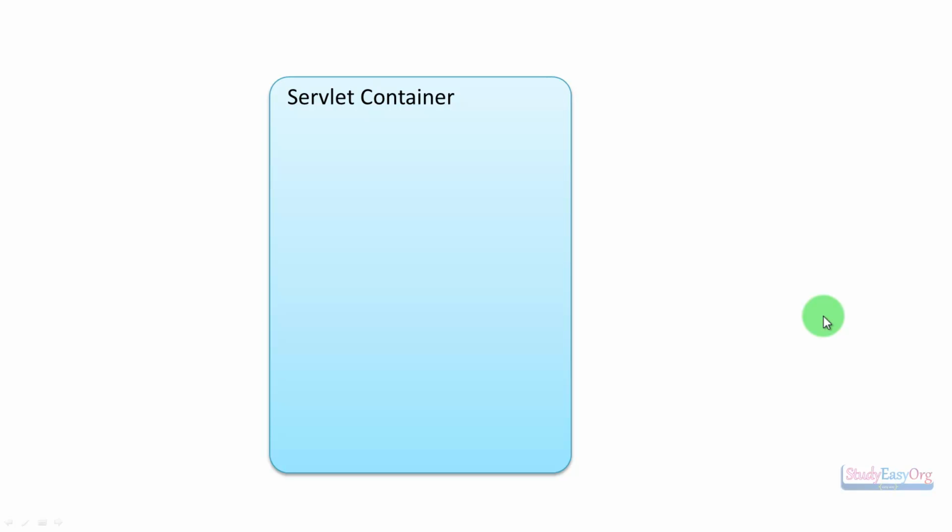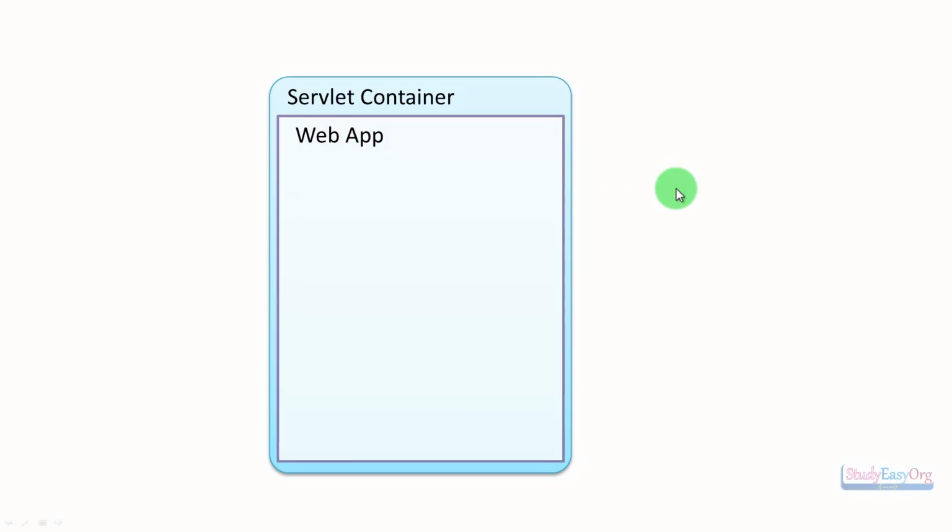Now Servlet lifecycle is being controlled by Servlet container, and inside the Servlet container your web application will run. So your web application will run inside the Servlet container. And which kind of web application are you going to run? Obviously Servlet web application. So here is your Servlet.